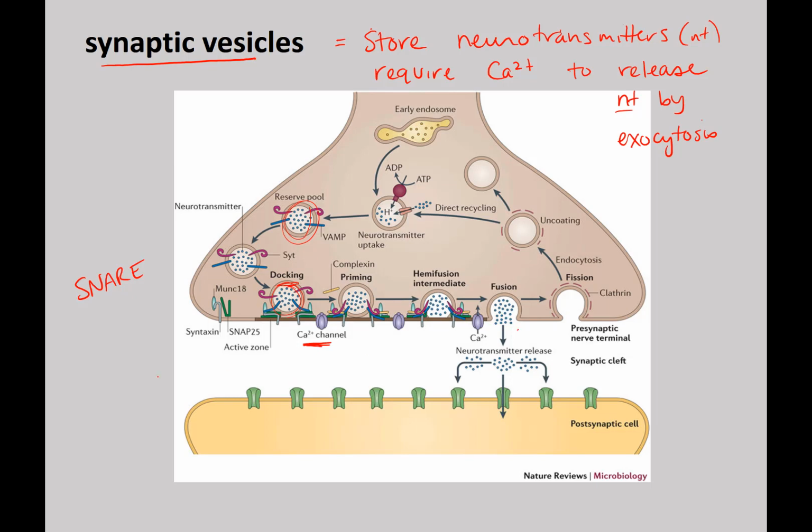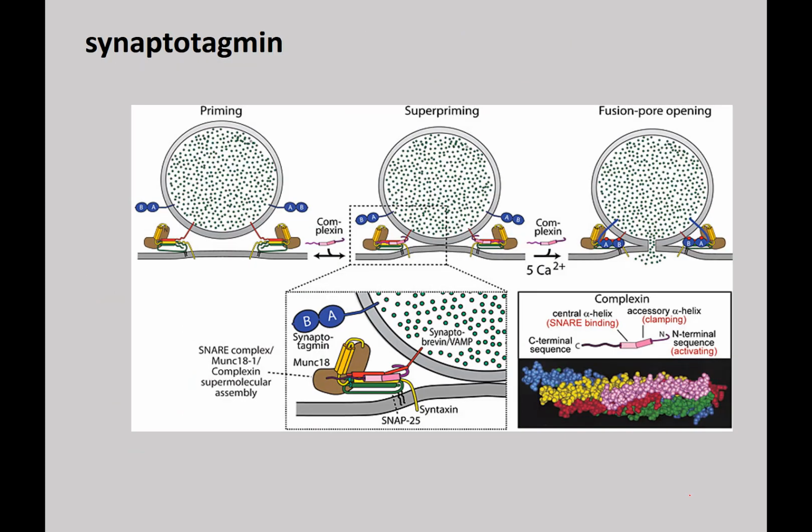So calcium comes into the cell via a calcium voltage-gated ion channel. So see how this is all working together? We're sending the signal down, it comes down to the membrane, the calcium channel opens, you get calcium in here, you get vesicle fusion, neurotransmitters are released. Very, very controlled process.